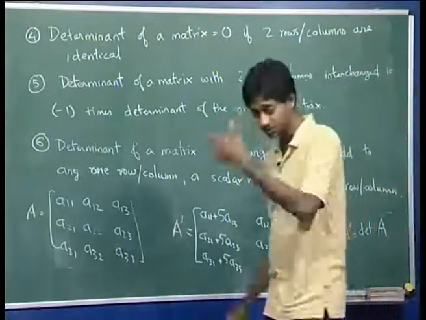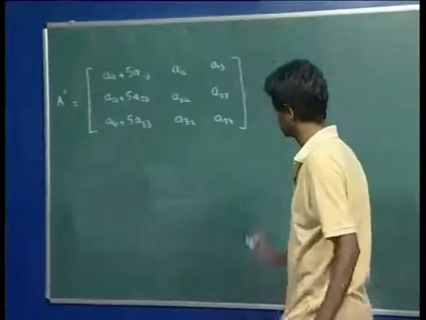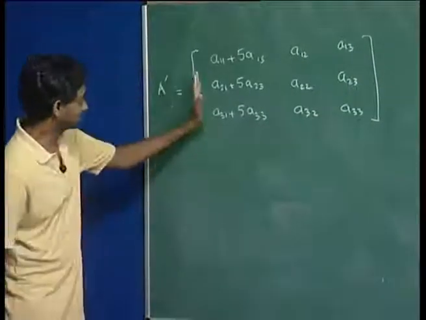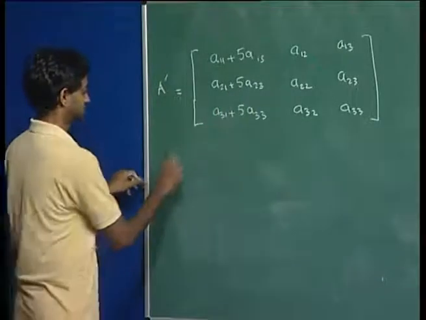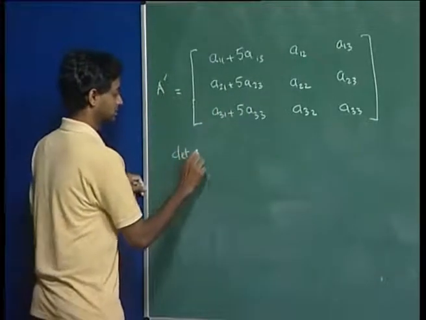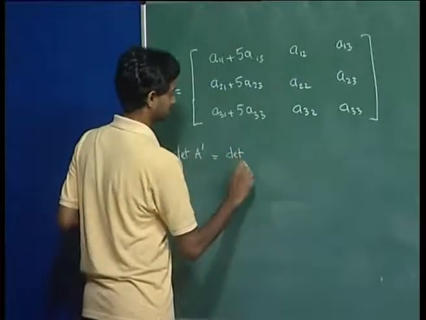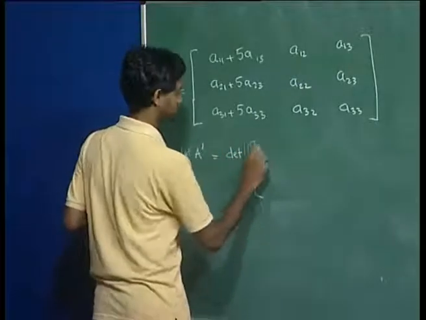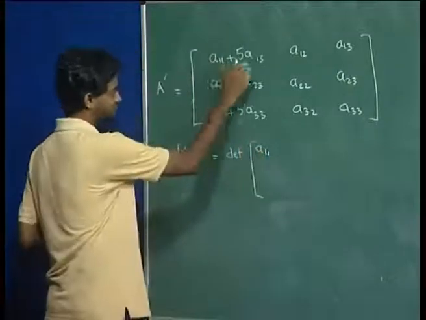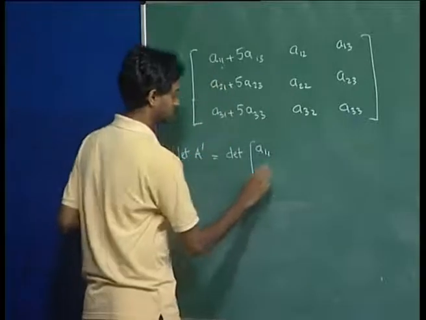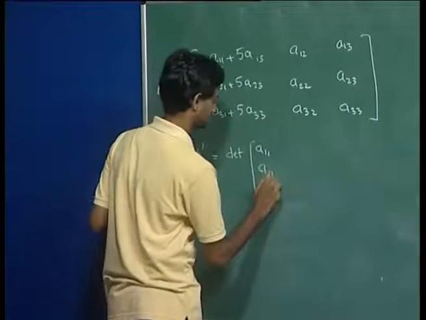Okay. So the property of the determinant is that the determinant of A prime is equal to the determinant of A. Now buried in this are two other interesting properties of determinants. Whenever you have something like this where you have a sum of terms, you can write the determinant in this form.